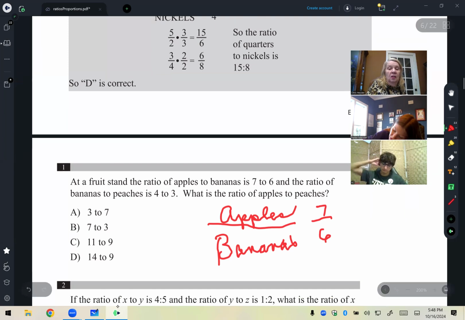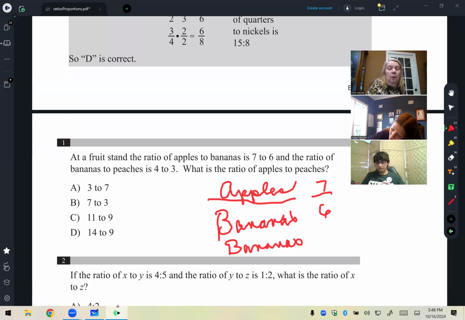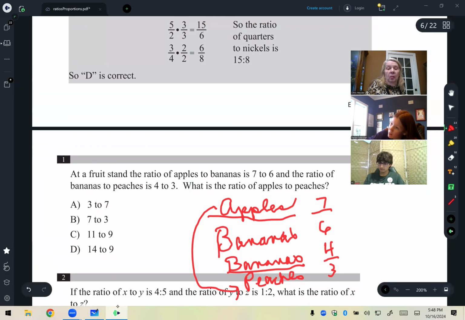And bananas to peaches is 4 to 3. We want to get the ratio of apples to peaches. Well, we need the least common multiple between 6 and 4 because we don't want to deal with really big numbers.